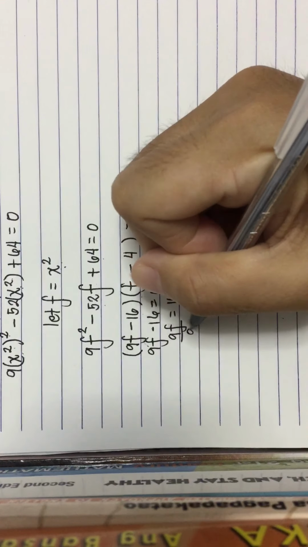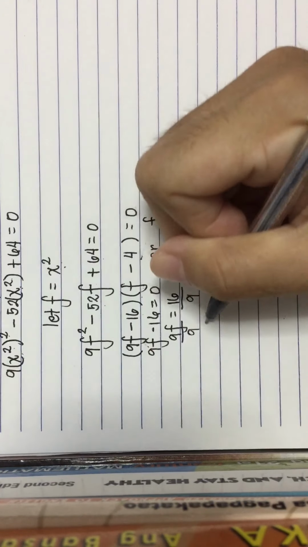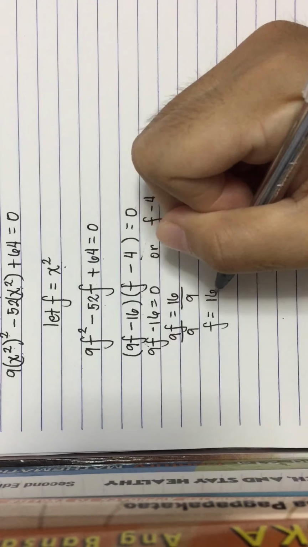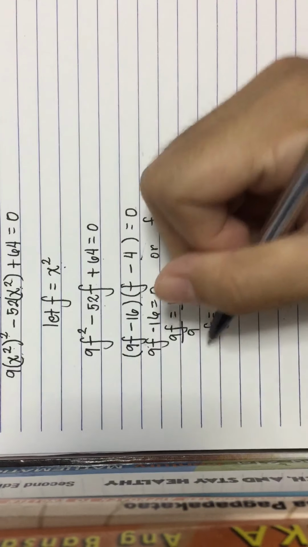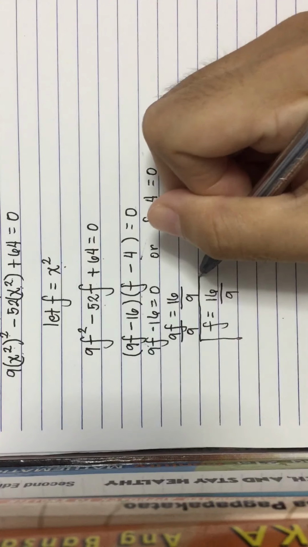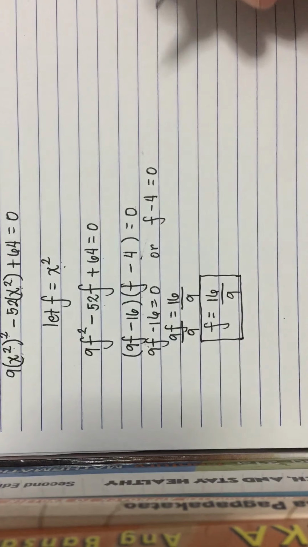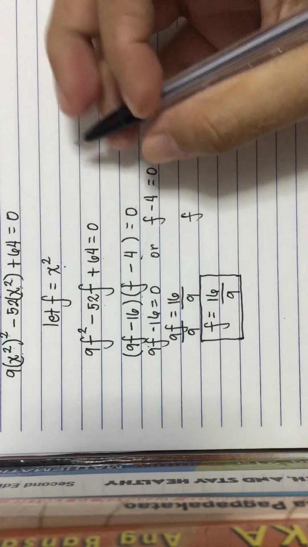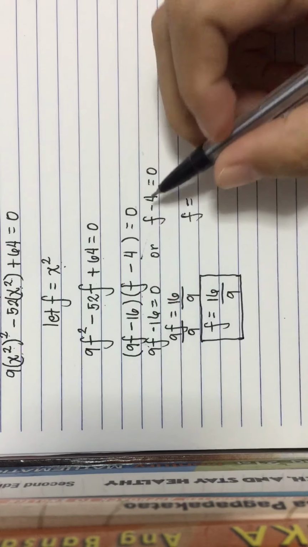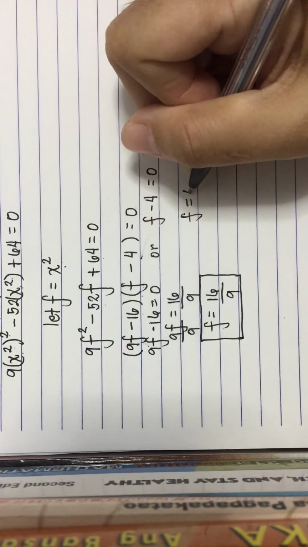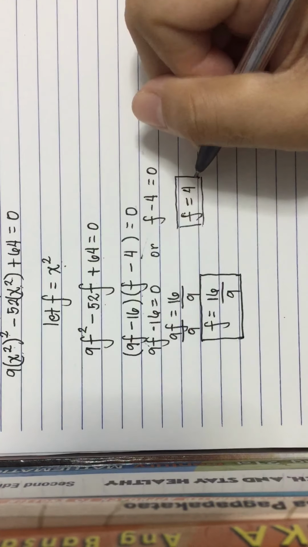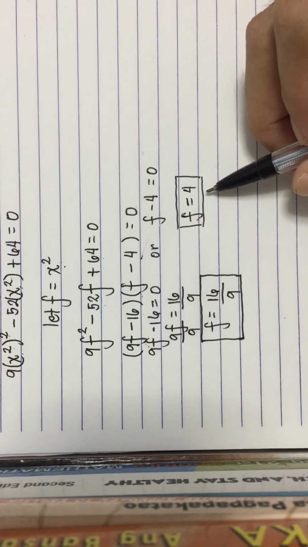Then divide both sides by 9. So we have f equals 16 over 9. So this is the first one. The next one is f equals, transpose it, f equals 4. Therefore, our values of f are 16 over 9 and 4.